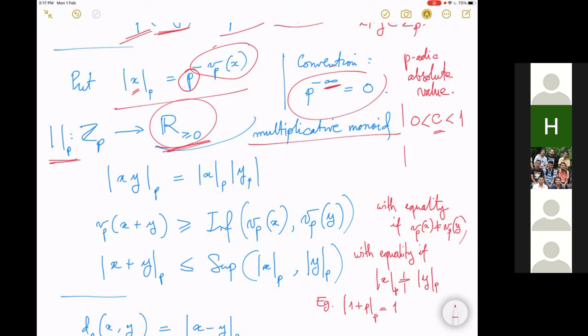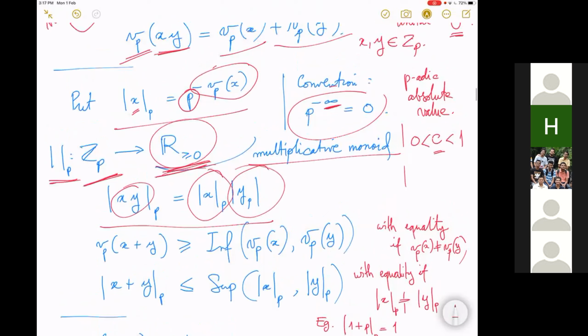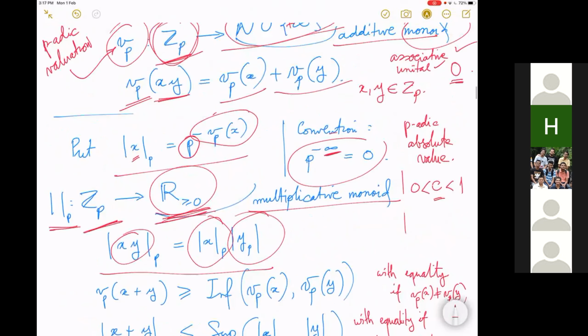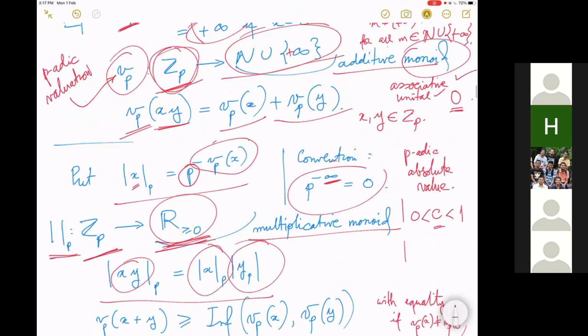So this is a homomorphism, a morphism from this multiplicative monoid to this multiplicative monoid. That just means that the p-adic absolute value of the product xy is the product of the absolute values. That follows easily from the corresponding result for the valuations, which is over here.